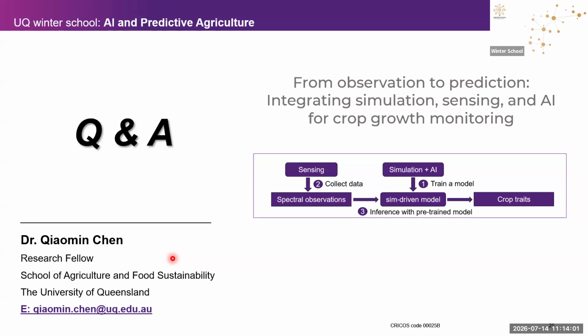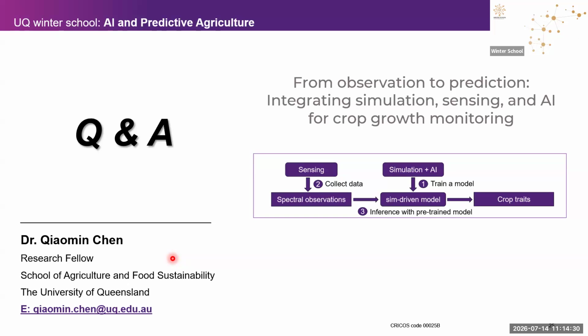You can see that our method provides accuracy very similar to those already published, like using remote sensing only, remote sensing driven models, or crop model simulation, or assimilating the remote sensing data into the crop model. That kind of method, the accuracy is very similar.